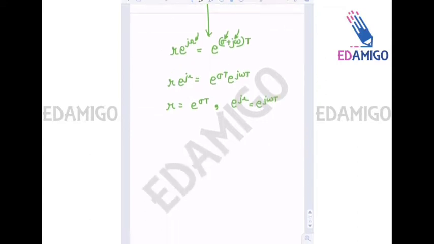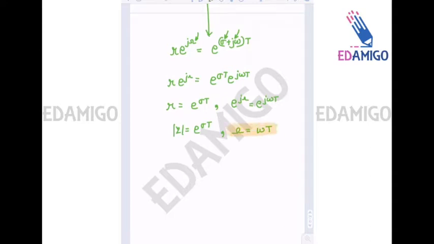Very important relationship: the magnitude of z is equal to e to power the real part of s times T, and the digital frequency is equal to the continuous frequency multiplied by capital T, the sampling instant. These two relationships are very important.